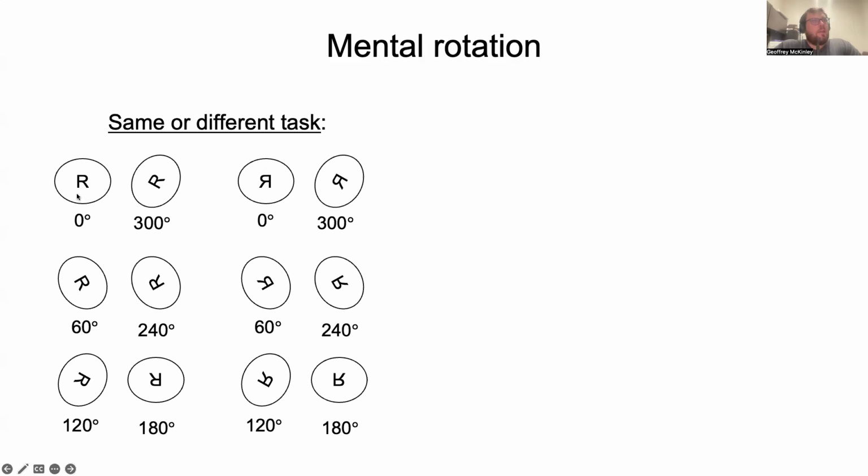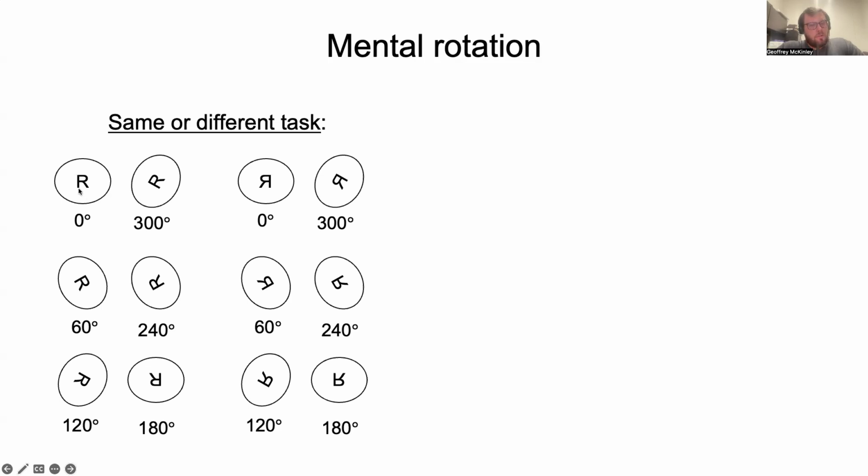The task was to figure out if two given stimuli were the same or different.